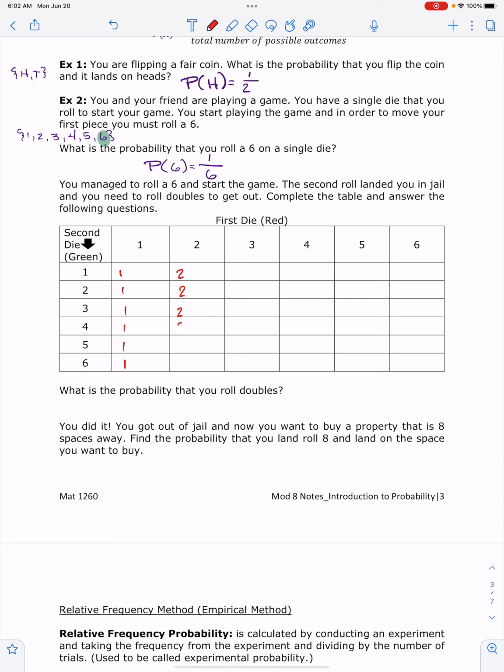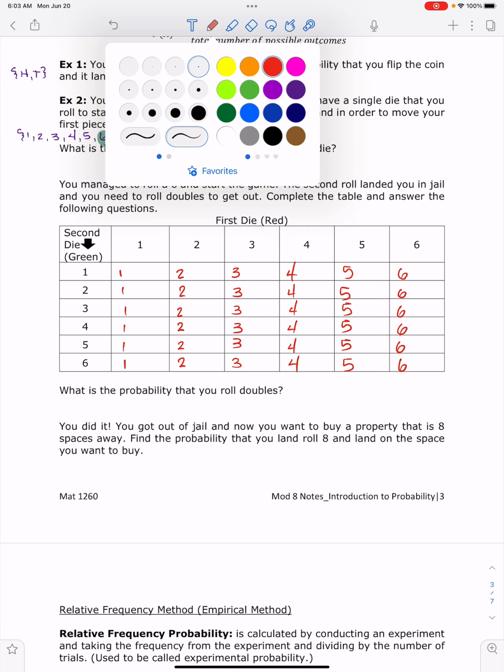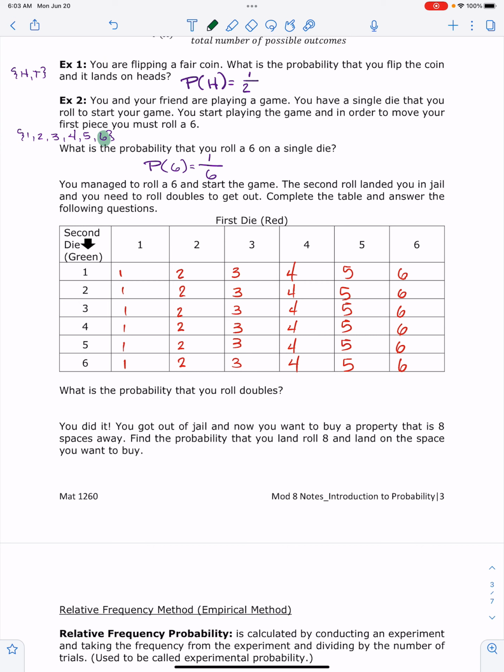Because a lot of times when we talk about things that can happen on the roll of a die or 2 dice, it gets confusing when we consider that there are 2 possibilities here. It makes a little more sense if I color code them. It also helps when we are creating data like this, or outcomes, that we organize so we can see what we got going on.